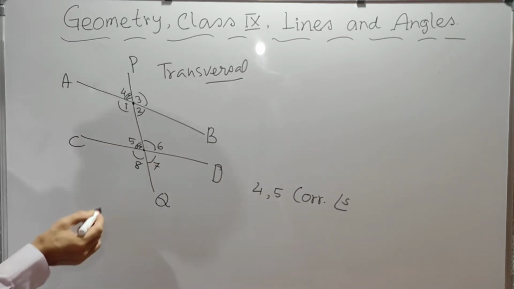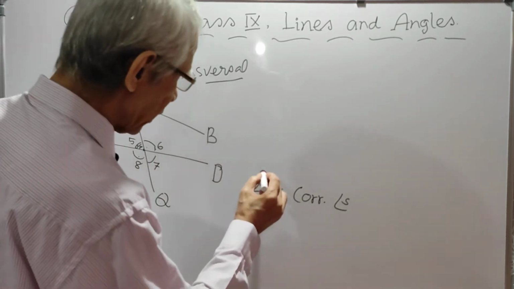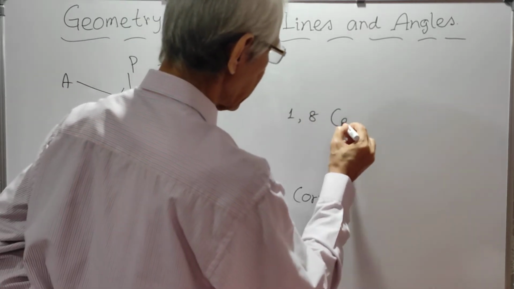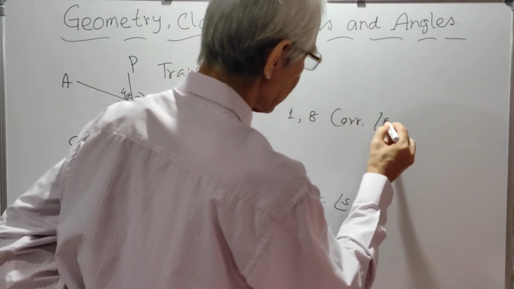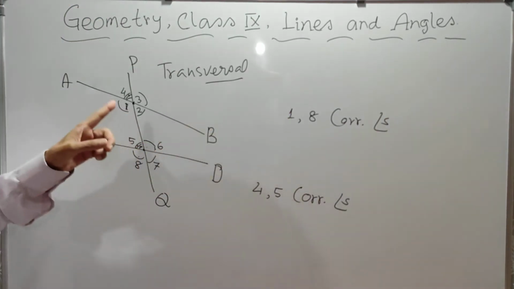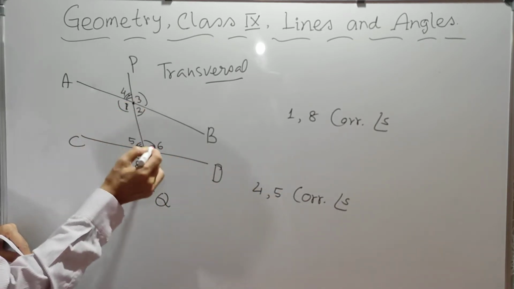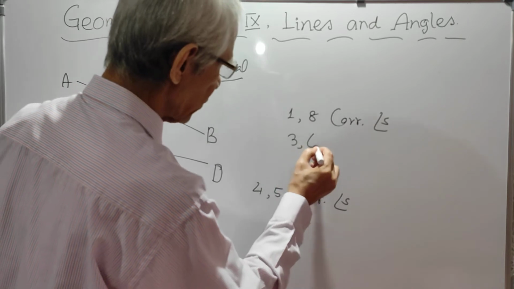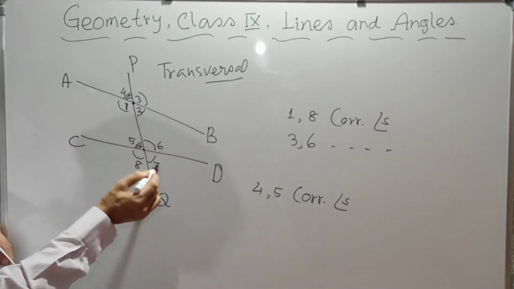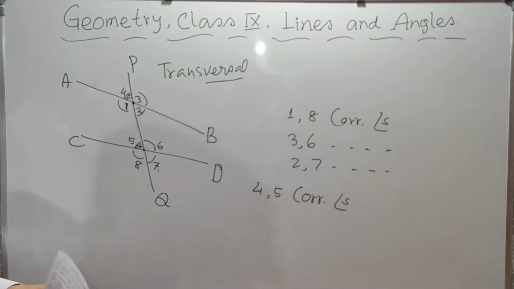Then angle 1 and angle 8 are another pair of corresponding angles. Then 3 and 6 are another pair. Then we have 2 and 7.